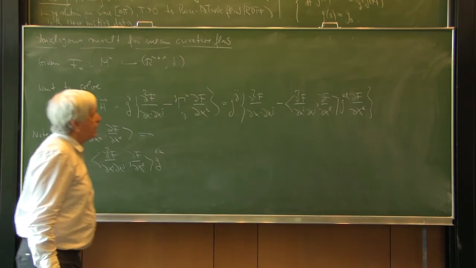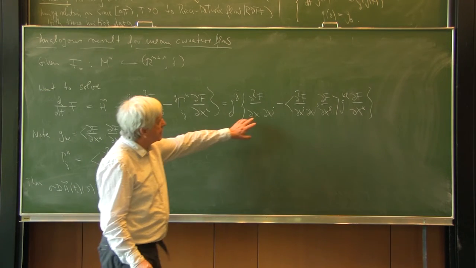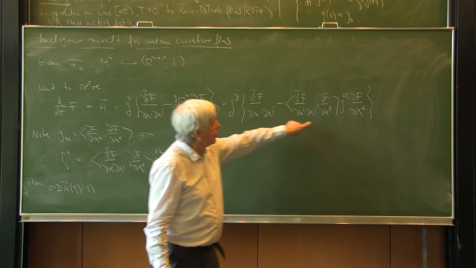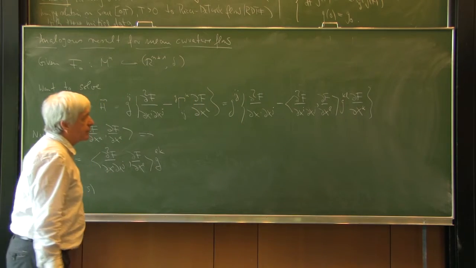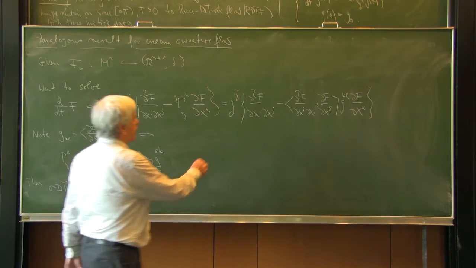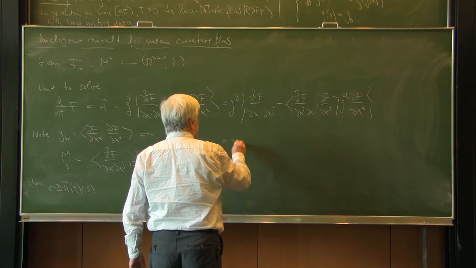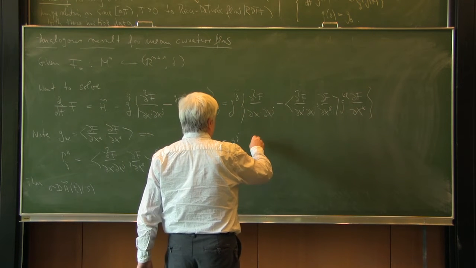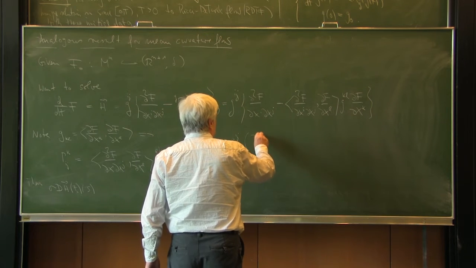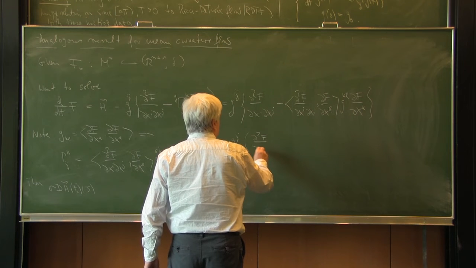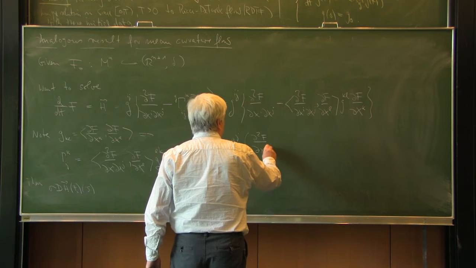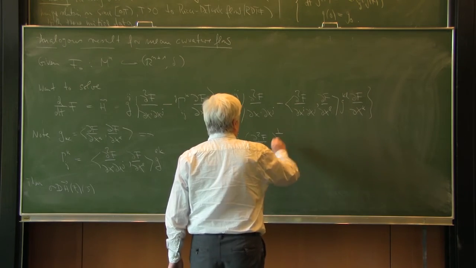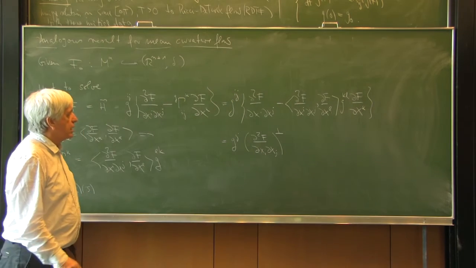And you see that this here is just the projection of the second derivatives of f onto the normal part, because I'm subtracting the tangential part. So this is nothing else but g^ij of the normal component of ∂²f/∂xi∂xj.